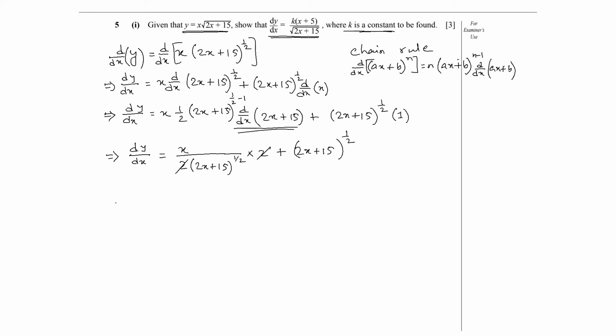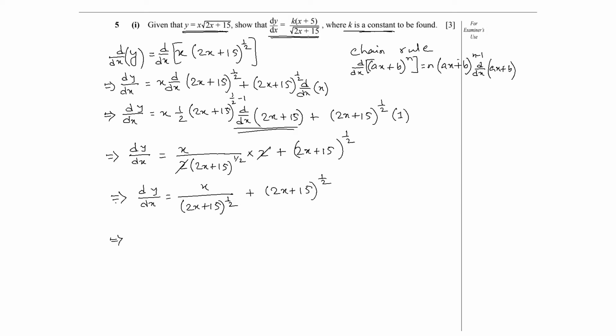This 2 and this 2 are crossed out, and our dy over dx will be x over (2x plus 15) whole to the power half, then plus (2x plus 15) whole to the power half.